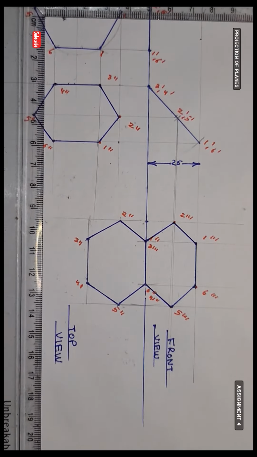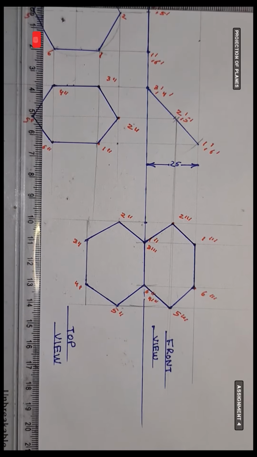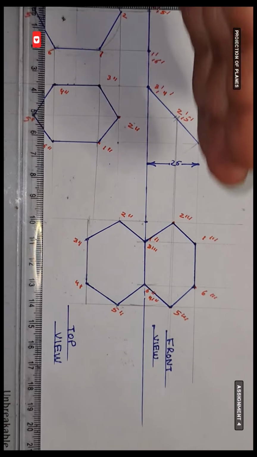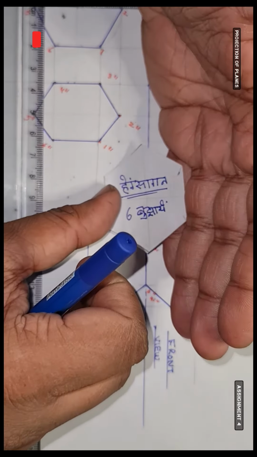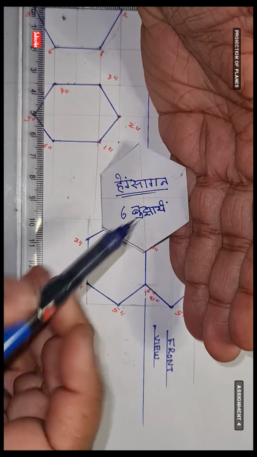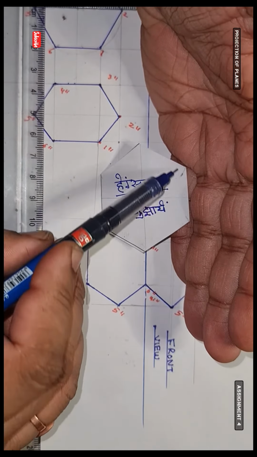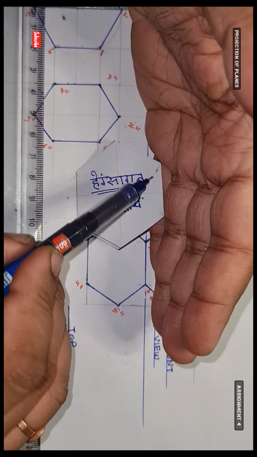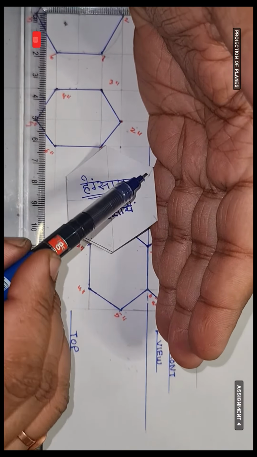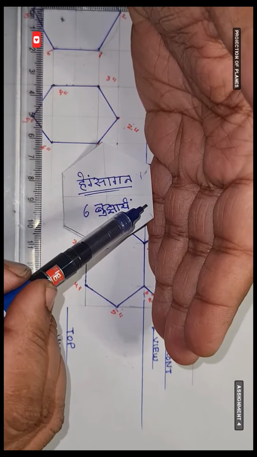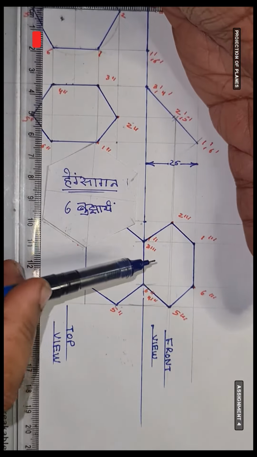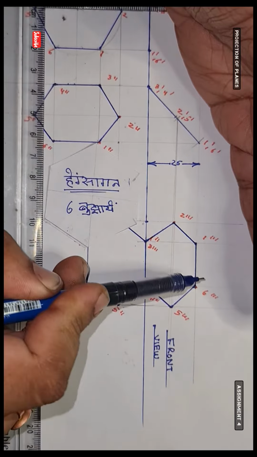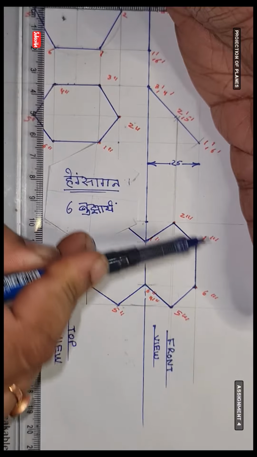Okay, so this is a position, you can understand it is something like this. Whatever point is at the xy line, which you can find on the top view over here, will be shown, if you see from the front side, at the topmost corner.